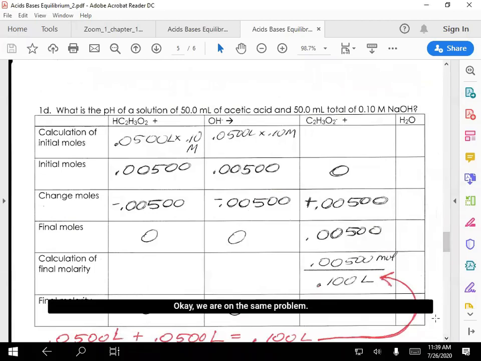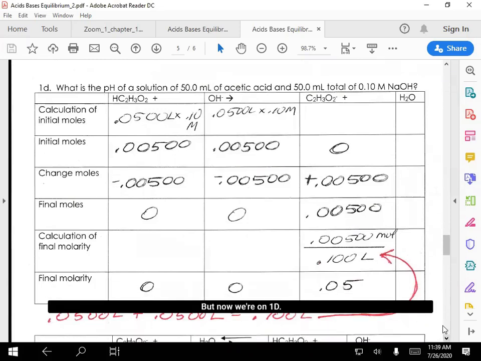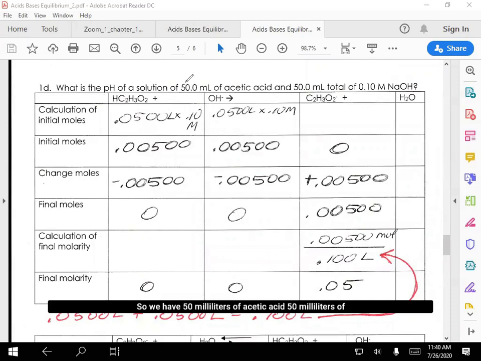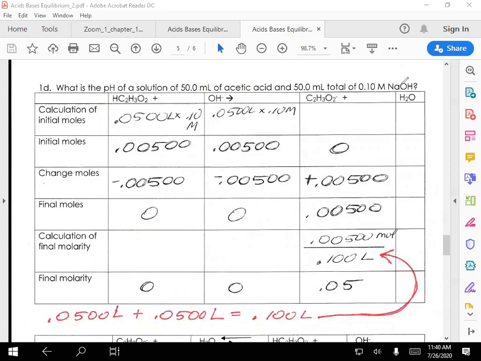Okay, we are on the same problem, but now we're on 1D. So we have 50 milliliters of acetic acid, 50 milliliters of our base.